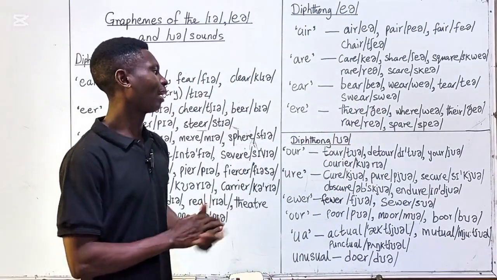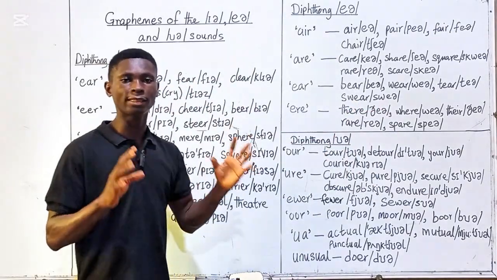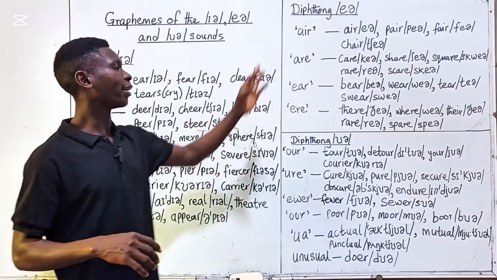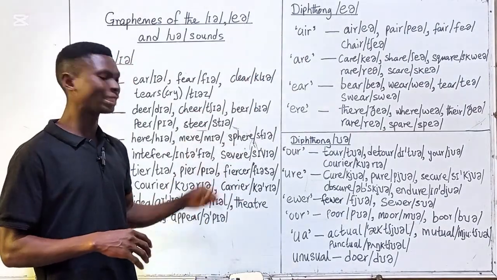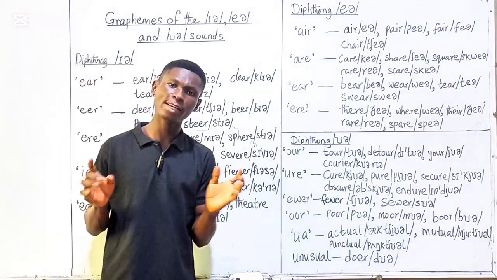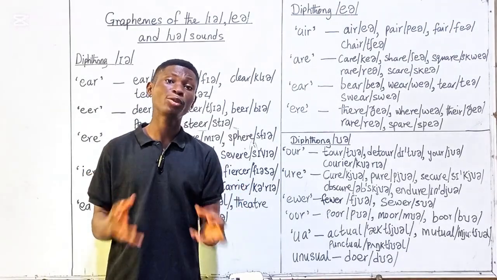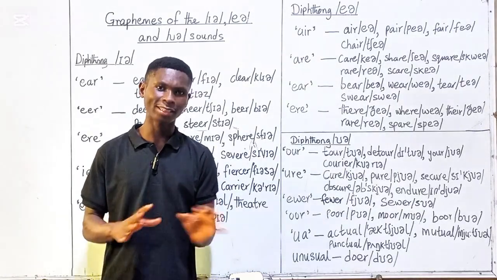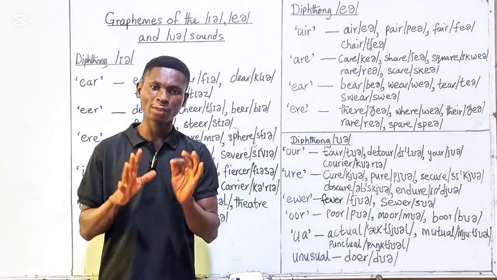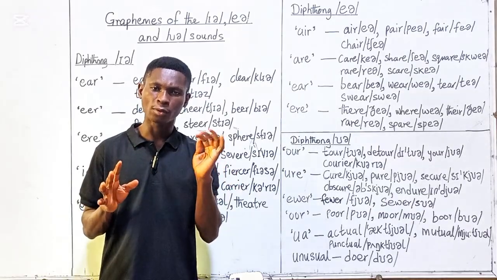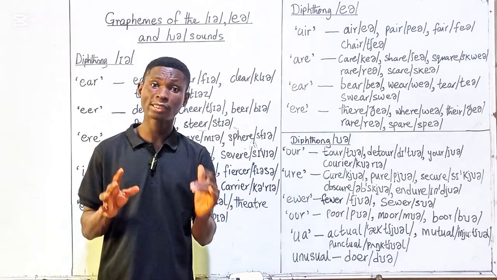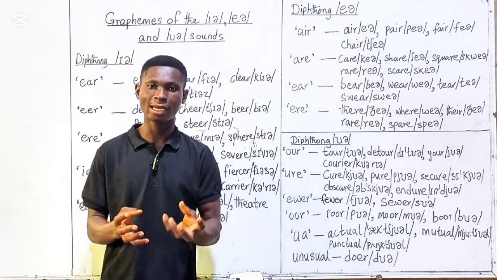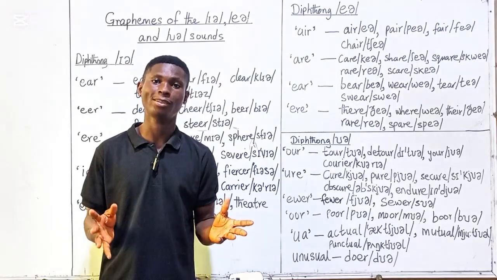So please, I'd like you to take note of this difference between the ear sound and the air sound, and also note the correct articulation of the centering diphthongs as far as the English language is concerned. This is very pivotal. So take ample time to listen, pay attention to this articulation of the sound and how I realize them in different words.